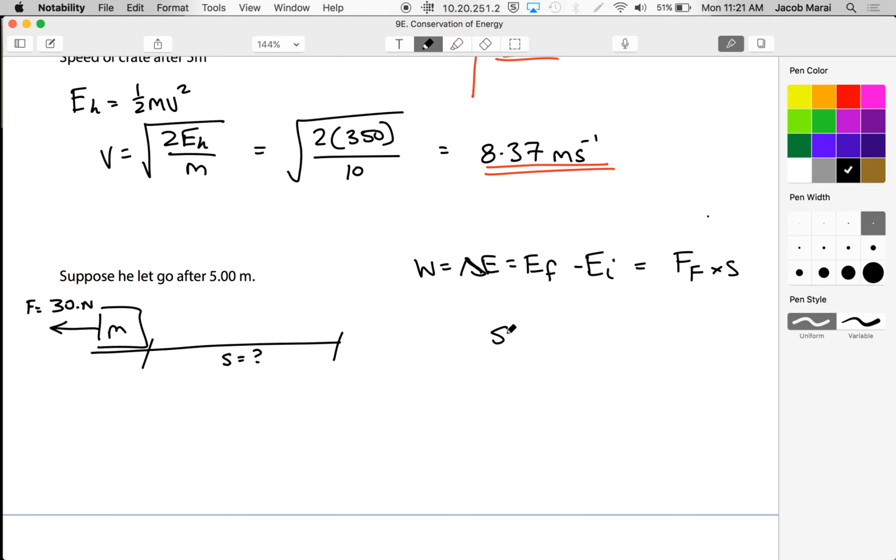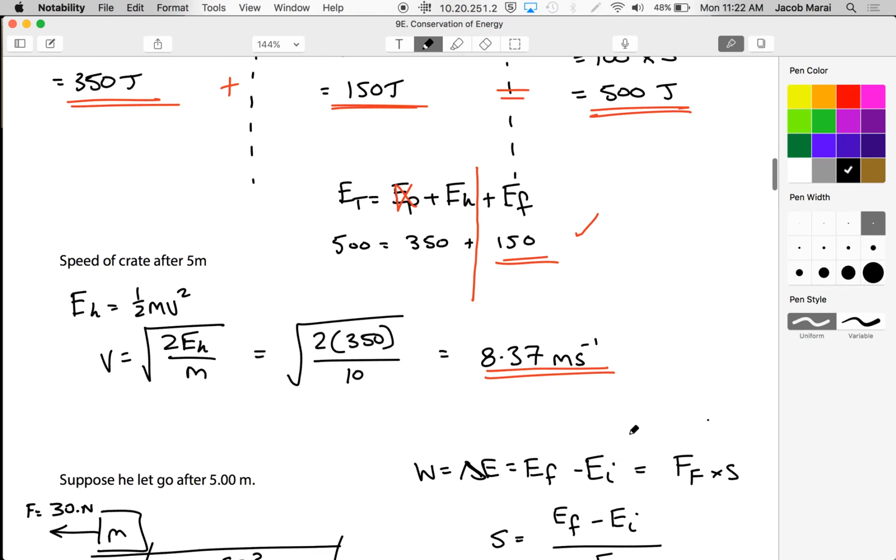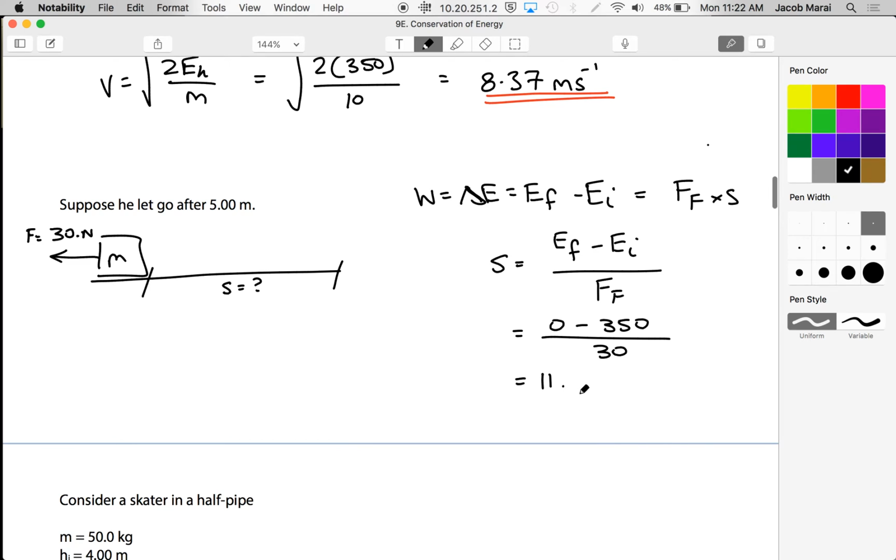But we could say s equals 0 minus 350 over 30, and it'll tell us how many meters: 11.7 meters. I'm pretty sure we've got all of our 3 significant figures here. 11.7 meters.